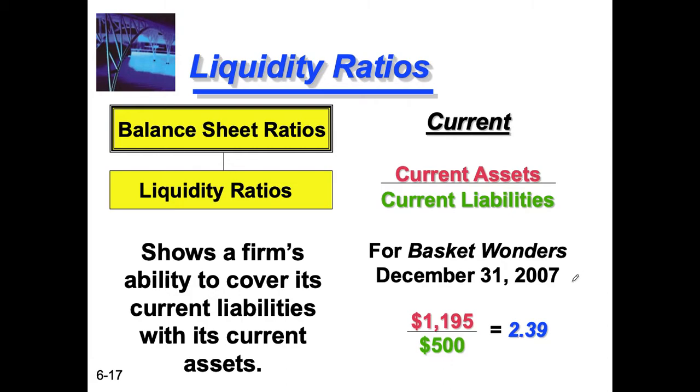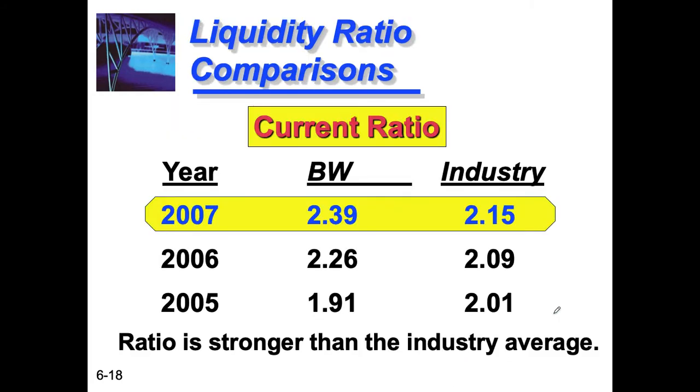This is just an example for BW in December 2007. The liquidity ratio is 2.39. If we use liquidity ratio comparison, we compare it with the industry average.